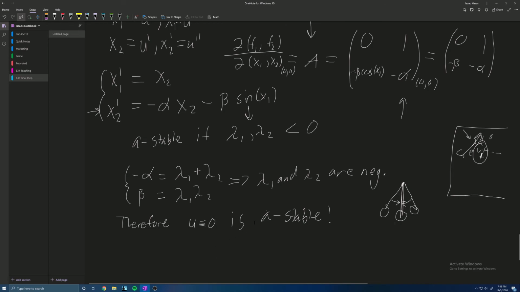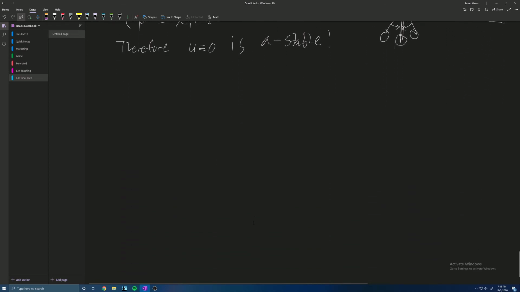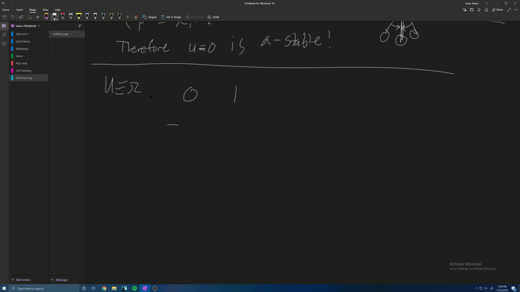All right, so now let's do the same thing, but for u equivalent to pi here. Let's see what happens. In that case, the Jacobian is going to be the same. It's going to be 0, 1, minus beta cosine of x1, minus alpha.